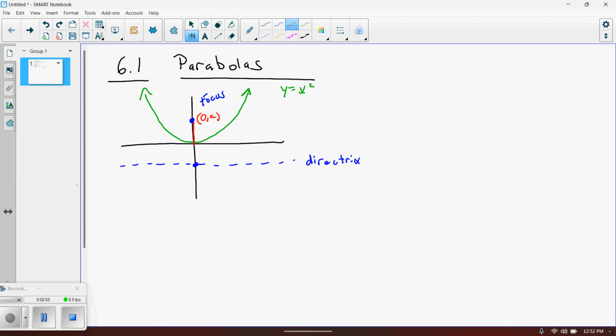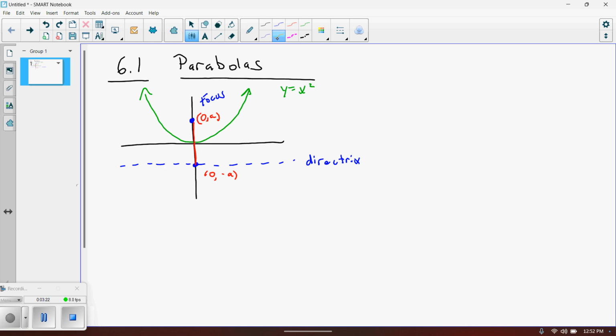Well, that means that the point down here is also a units away, but in the opposite direction. So that's going to be the point (0, negative a). Now that's the easy one because it's from the vertex. And in this case, because it's a standard parabola, the vertex is centered at the origin, and the parabola is not tilted or twisted or anything like that. So it makes it quite a bit easier because it's a simple vertical distance.